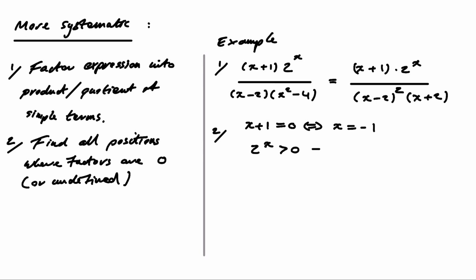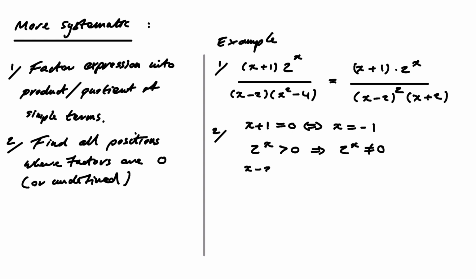So this implies 2 to the x is never 0. Okay, it's never ever 0. So what this means is it's always got to be positive or negative. And we can see here it's always positive. Absolutely always positive. So that's kind of an interesting case because you maybe aren't used to dealing with exponents when doing sign analysis. But thankfully, 2 to the x doesn't really affect too much.